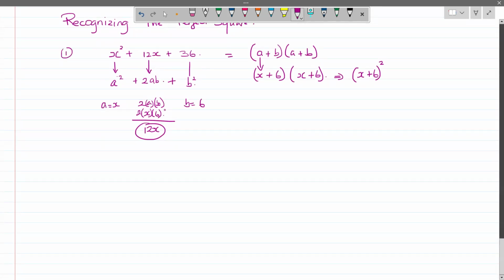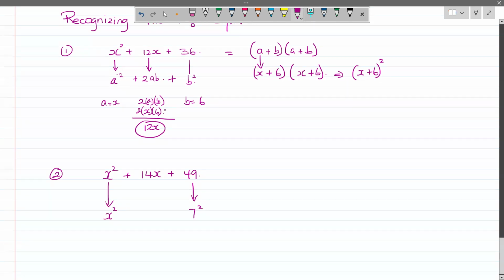Right? So you have to test it. So let's look at another one. Let's say we have x squared plus 14x plus 49. Your first clue should be that this last number here is a perfect square. This is 7 squared, and we know this is a square because it's already squared.